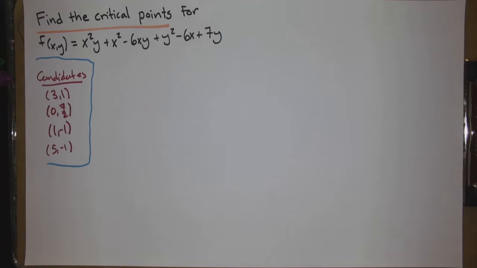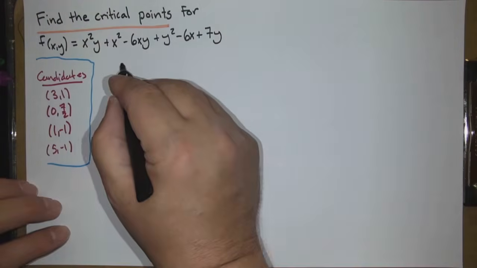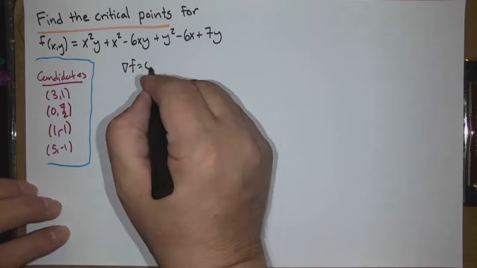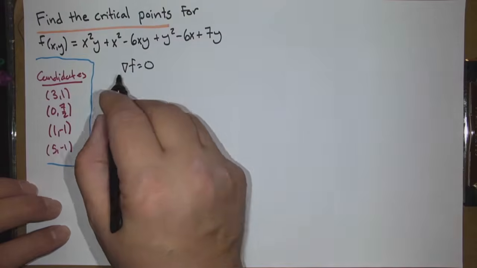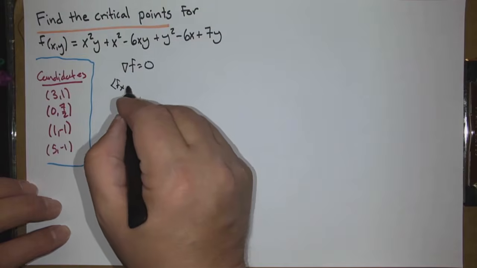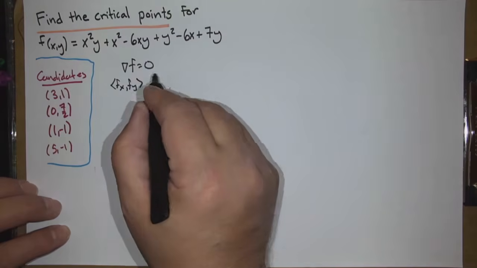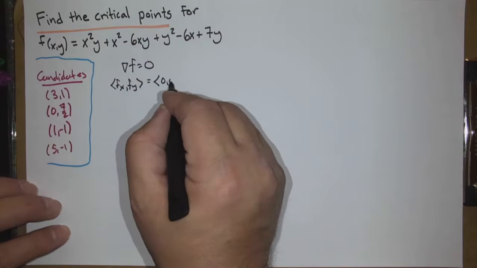We're going to set the gradient equal to 0. So if you see a find critical points type problem, that's really saying set the gradient equal to 0. And the gradient is really the vector, right? So it's f sub x, f sub y. And here 0 is the 0 vector.